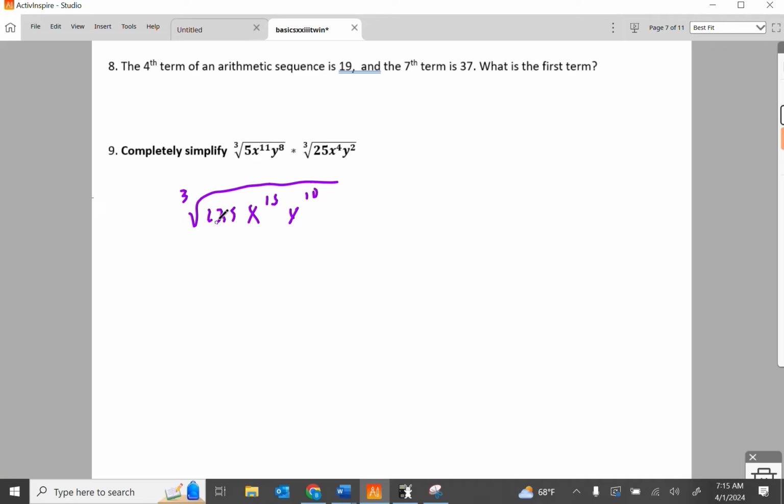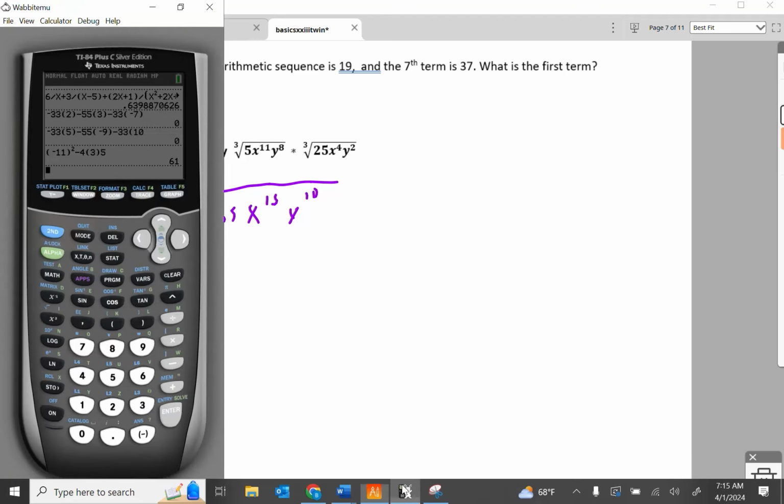Now the cubic root of 125, that'd be 125 to the 1/3 in a calculator. It should be 5. If not, math is broken today. It was, by gosh, it was 5.